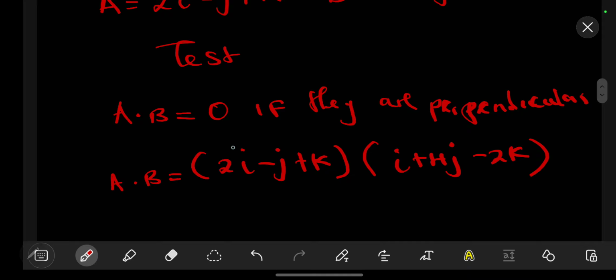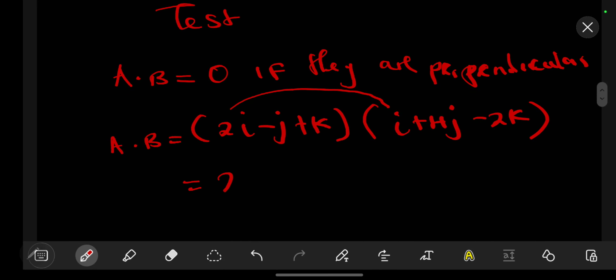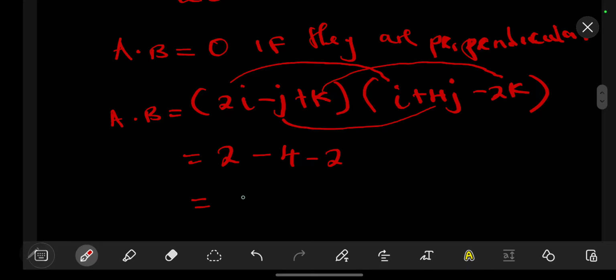So multiply the one with i. 2i times i will be a 2. Then our negative j times 4j will be a negative 4. And finally, our k times negative 2k will be a negative 2. So we have positive 2, negative 4 minus 2 gives us negative 6.